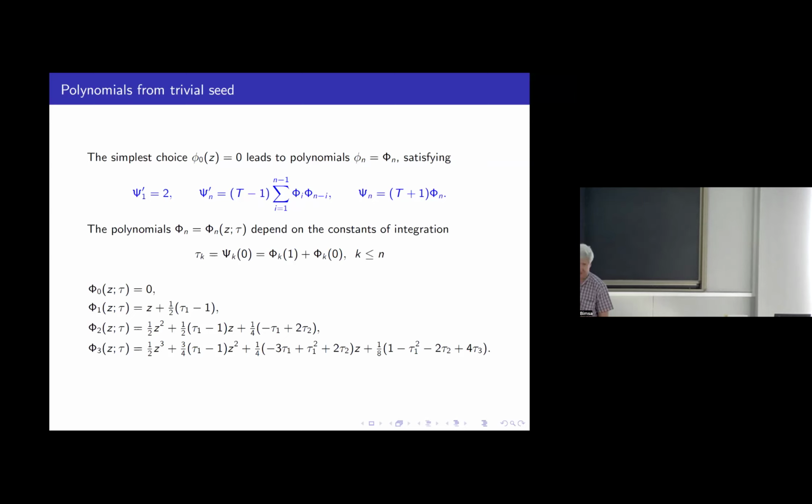There are many parameters tau because every time we have an integration constant tau. Okay, so integration constant psi because psi is related to phi. Remember that t plus 1, so it's just a sum of this, right? And this is how they look. They are polynomial in Z, but they are also polynomial in the parameter tau.